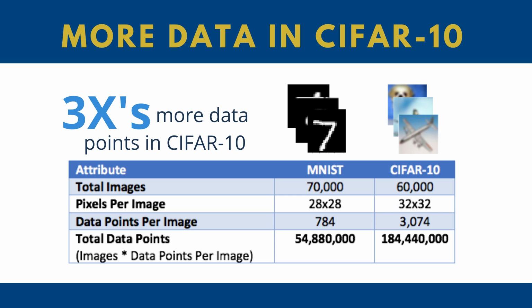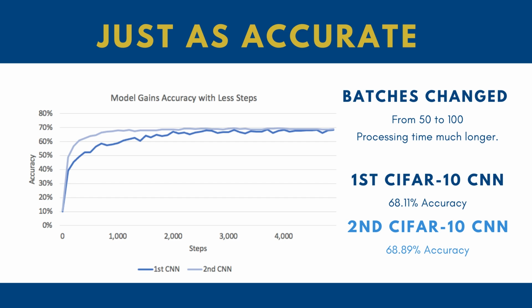And I've got this big call out because CIFAR-10 has actually 3 times more data points in it than the MNIST. But let me walk you through the logic to get there and understand that.